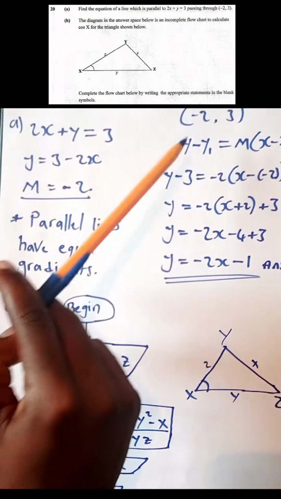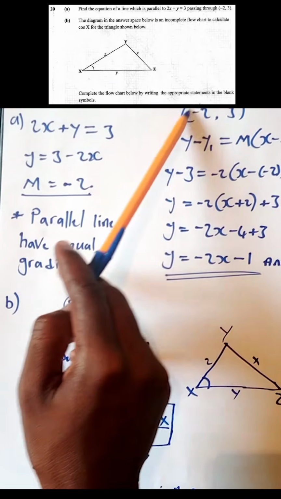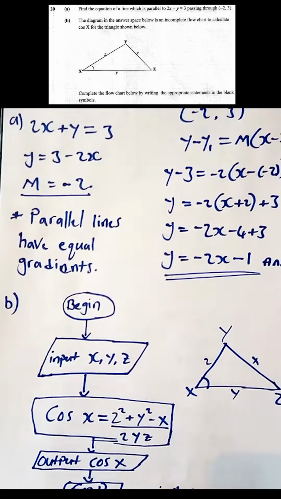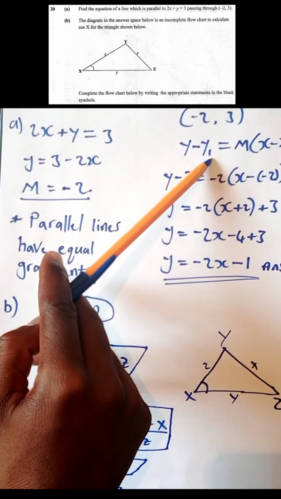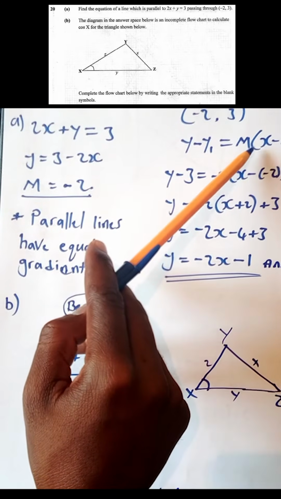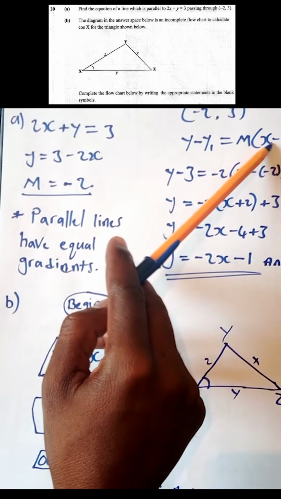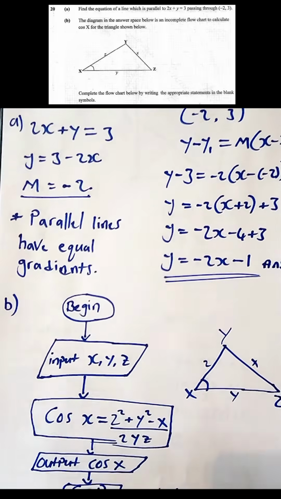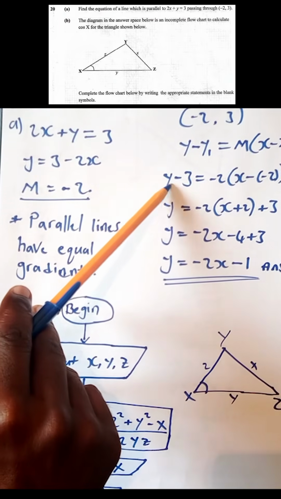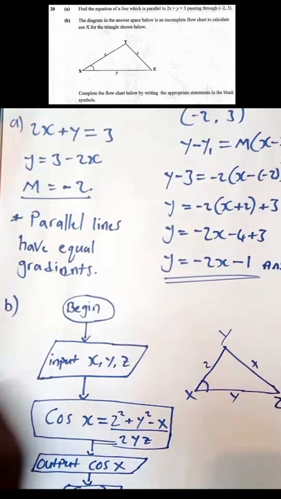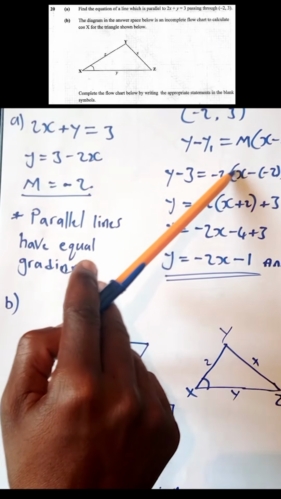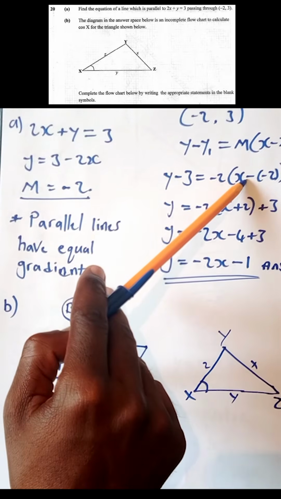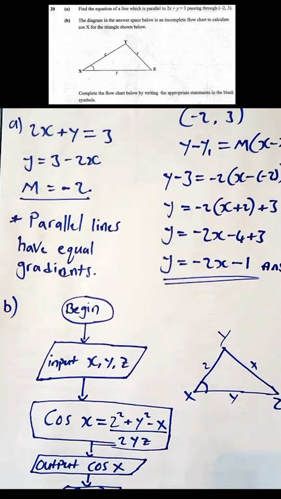So how do we find this line? Remember, we've only been given one pair of coordinates, negative 2, 3. So we can employ this equation: y minus y1 is equal to m, open brackets, x minus x1, close brackets. So y minus y1, which is 3, is equal to m, your gradient, which is negative 2, open bracket, x minus your x1, that is negative 2.